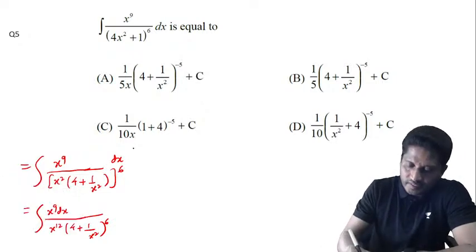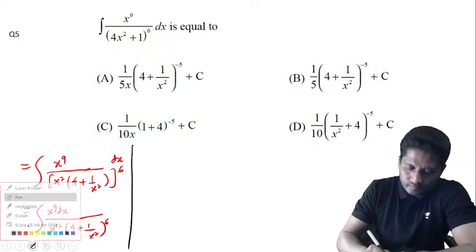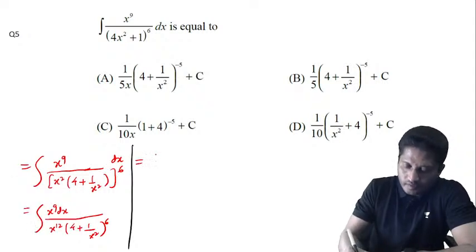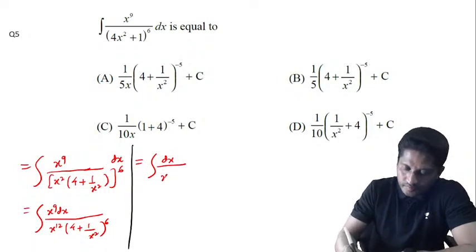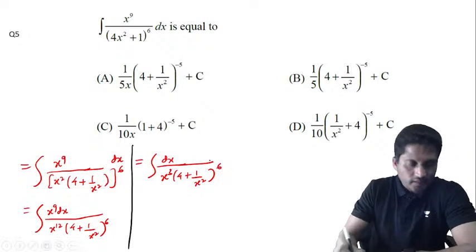So this can be written as dx divided by x cube into 4 plus 1 by x square whole power 6.